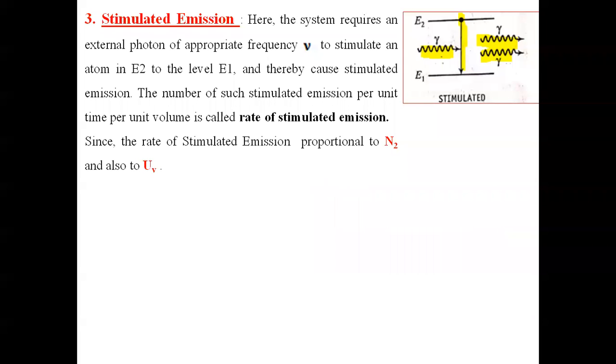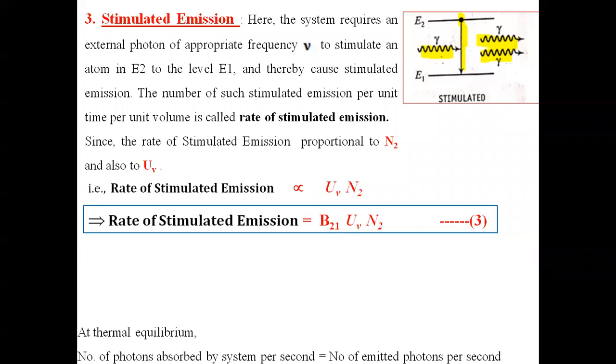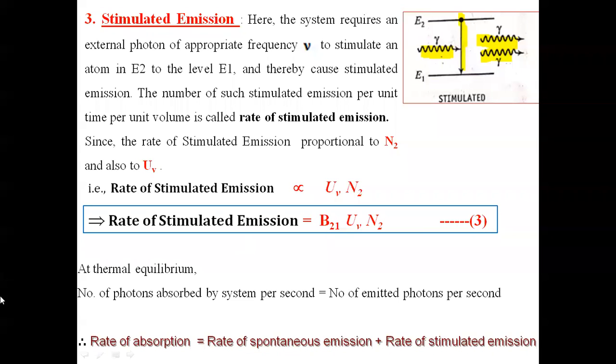It is quite obvious that the rate of absorption must be equal to the rate of spontaneous emission plus the rate of stimulated emission, isn't it? That is because the number of photons absorbed by the system must be equal to the number of photons emitted by the system per second. Therefore, the rate of absorption should be equal to the rate of spontaneous emission and the rate of stimulated emission.